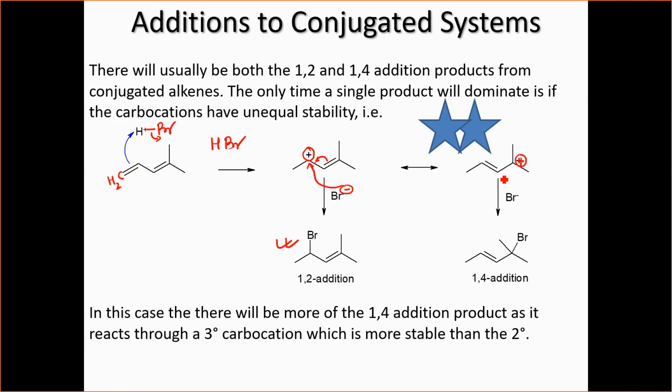This carbocation is definitely more stable than the secondary carbocation, right? So what's going to happen? The bond will slip this side, and bromine will have a chance to attack the more stable side, and it gives you the 1,4 product.